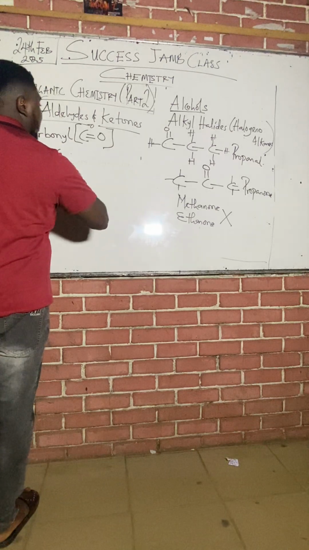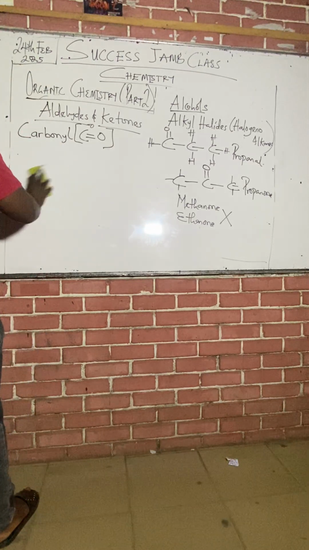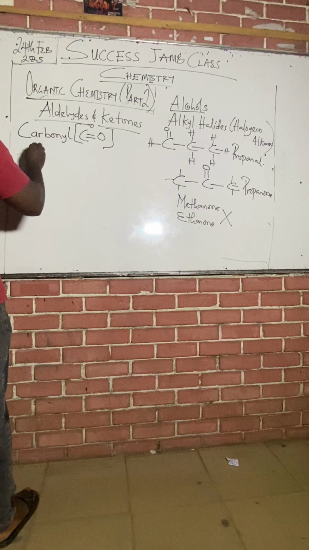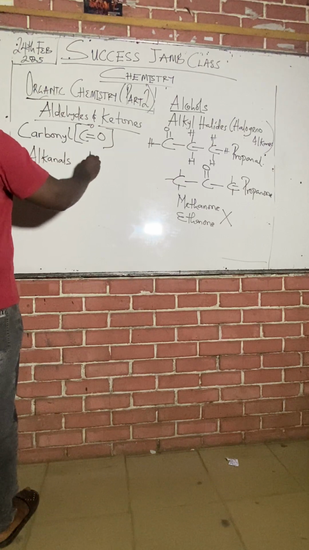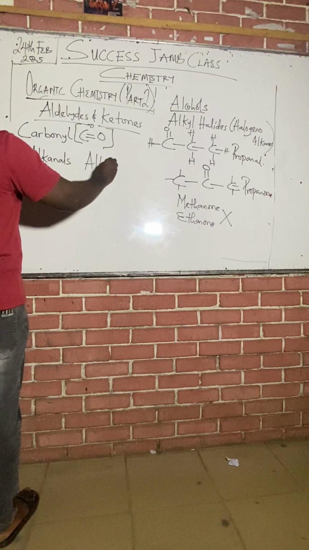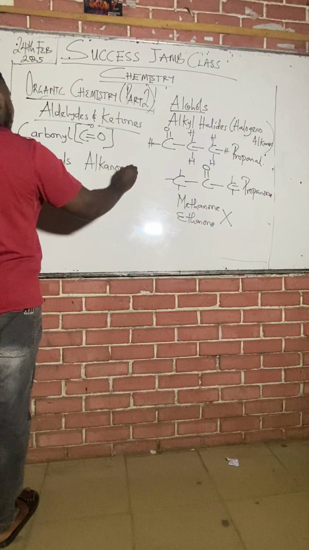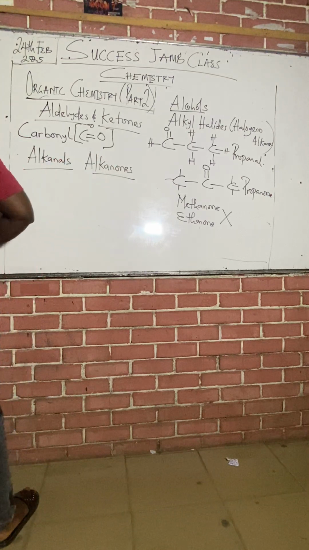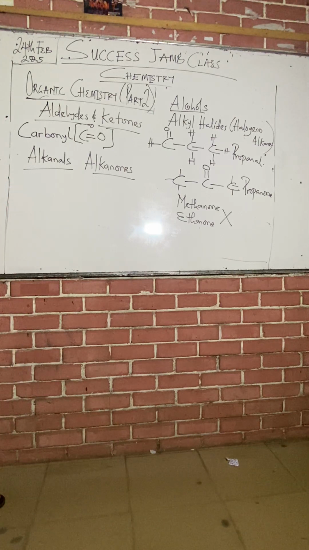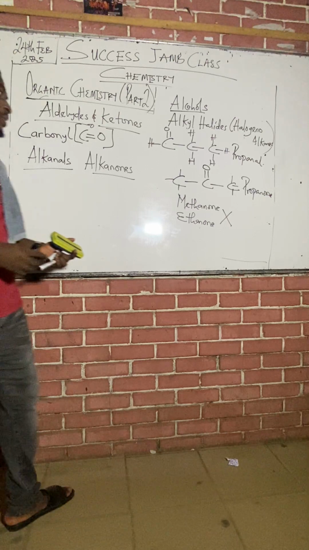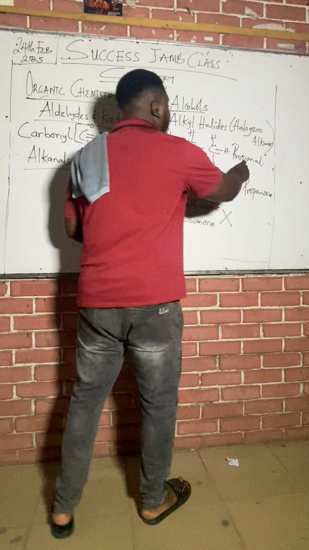So aldehydes' names end with -al, and ketones' names end with -one. We have alkanals and alkanones. So you can see this one is propanal, and this is propanone.